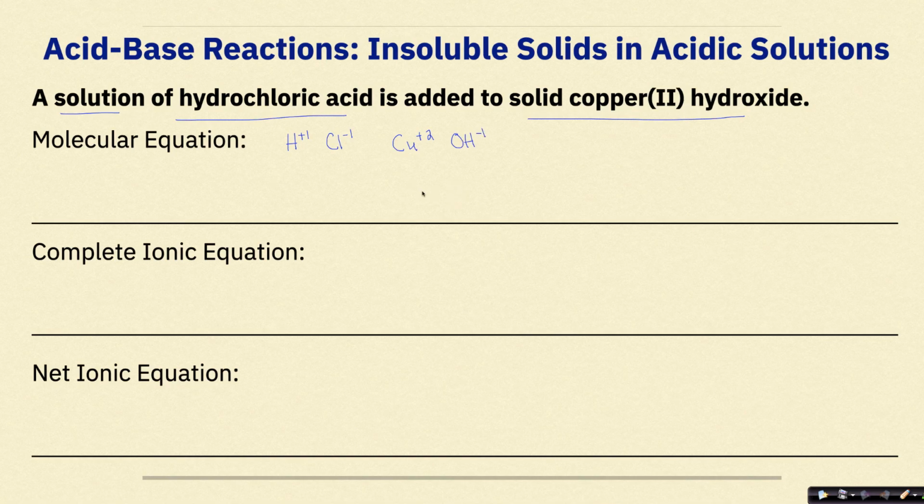So when we write out our formulas for our reactants, we're going to write HCl aq plus Cu(OH)2. Then the Cu is going to go with the Cl, so CuCl2 plus H2O.